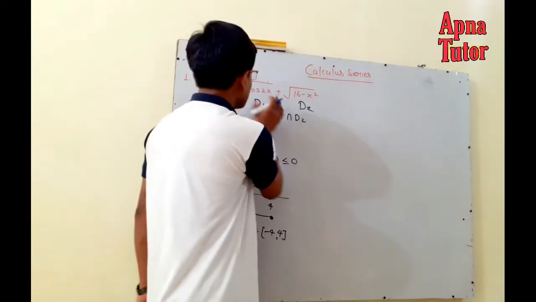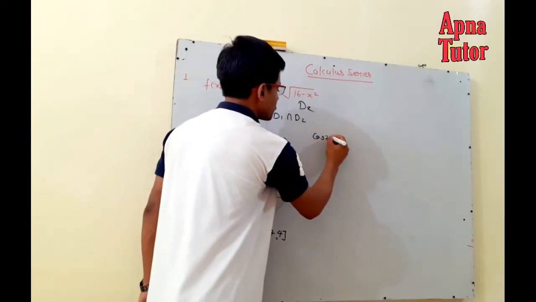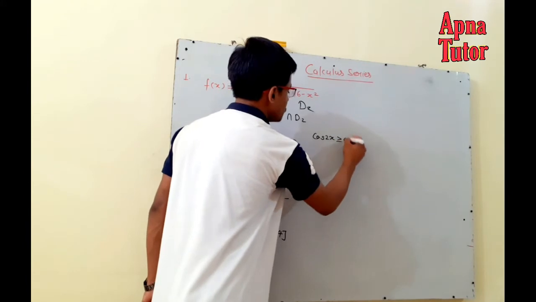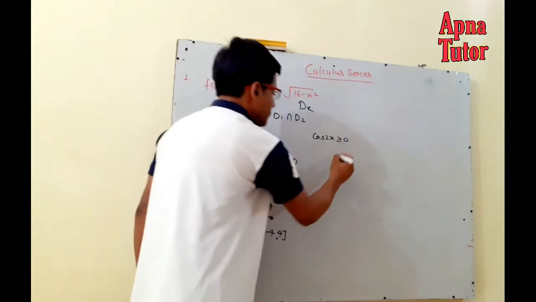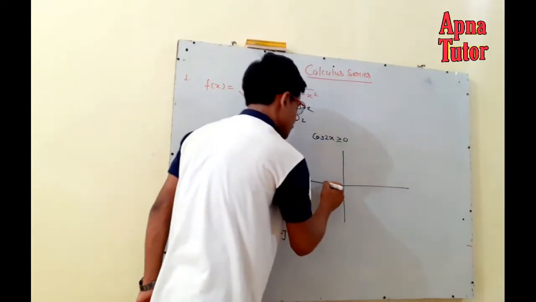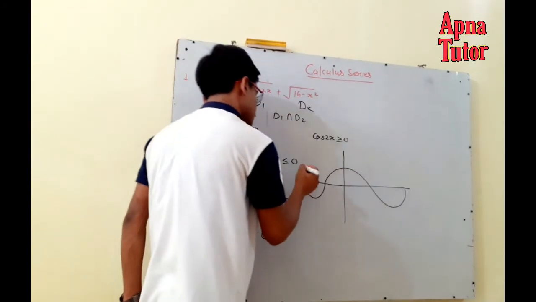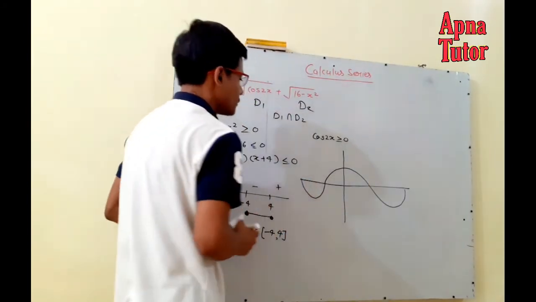Now for d2, you have cos 2x must be greater than or equal to 0, and make the graph of the cos function.